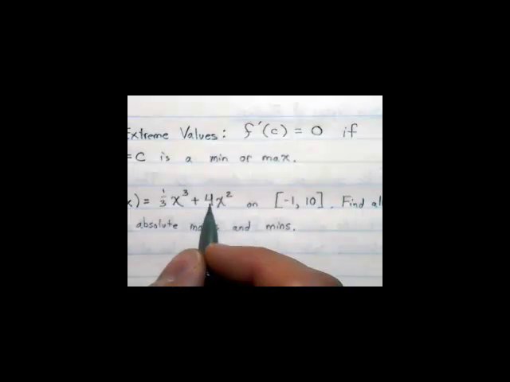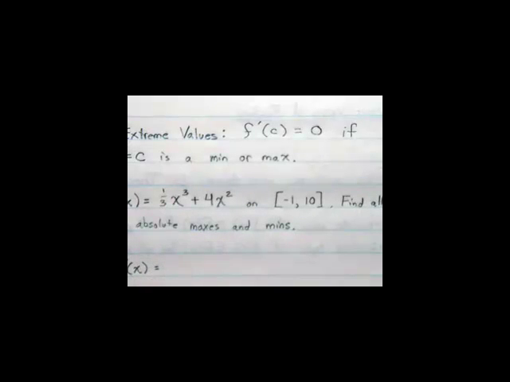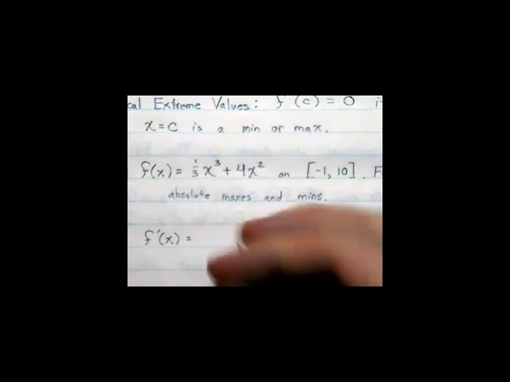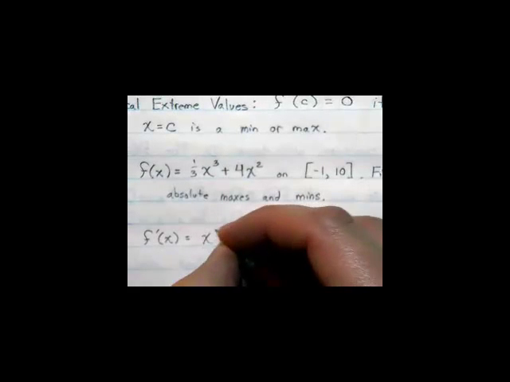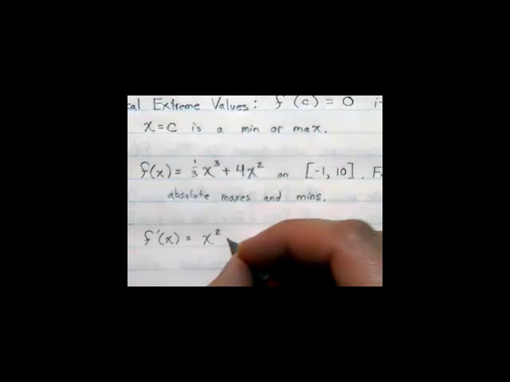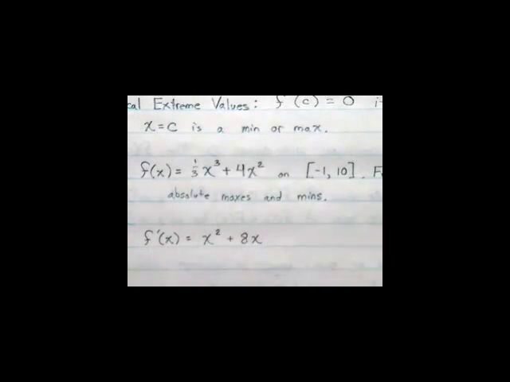So first, let's do the derivative of this function that we have here. So f prime of x would be what? x squared plus 8x.